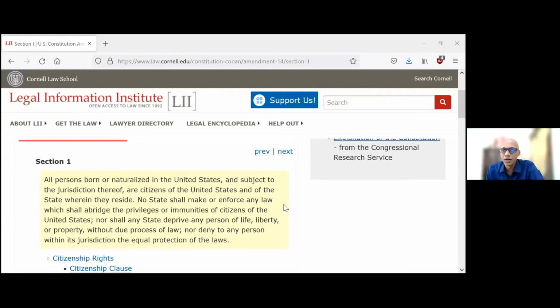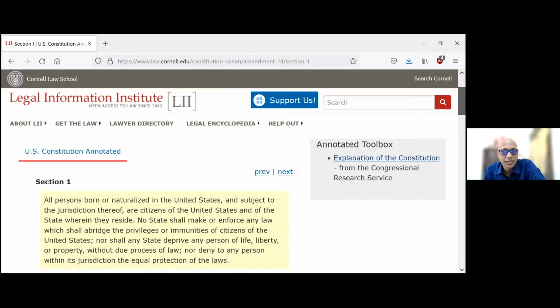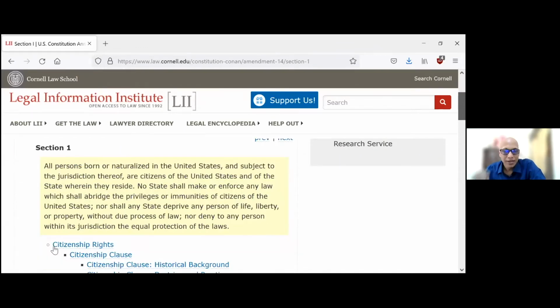All of you should be familiar with this. This is the 14th Amendment, Section 1. So what's interesting to see about different time periods is when the US Constitution is drafted in the late 18th century, we know it's a very short constitution. It was also one of the earliest ones. So the drafting style is also quite significant, right?